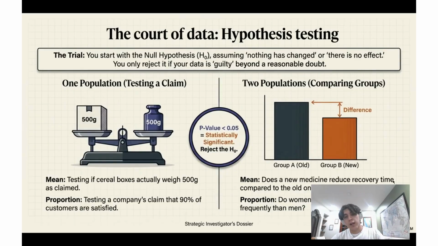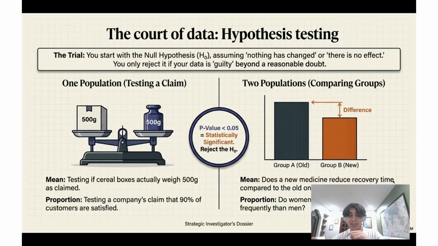On the other hand, with two populations, we are comparing groups, Group A and Group B. For example, does a new medicine reduce recovery time compared to the old one? Or, with percentages, do women click on an ad more frequently than men? This is the difference between one population and two populations.